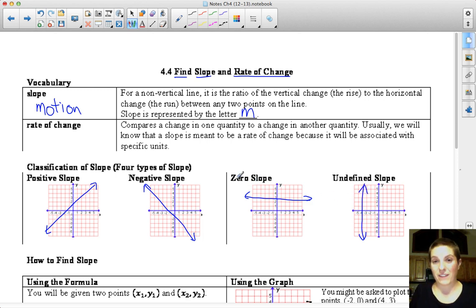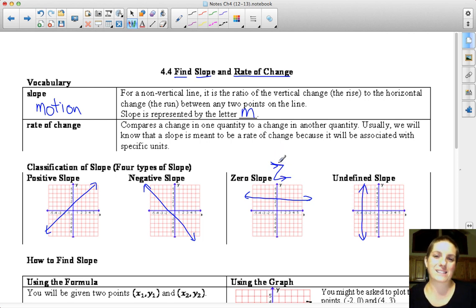Now, there's a little bit of a hint to help you remember zero slope and undefined slope. Remember, I gave you Hay Vex to help you remember the equations. Hay, so y equals a number is a horizontal line. But if you want to know about slope, remember that when we look at a Z, the top of the Z and the bottom of the Z are parallel to the horizon.